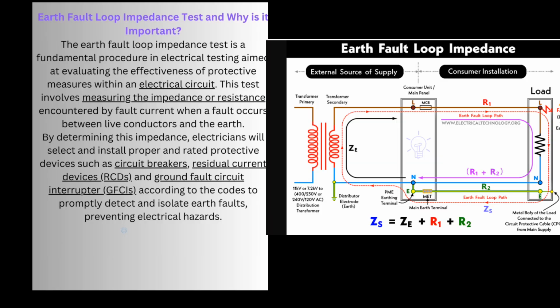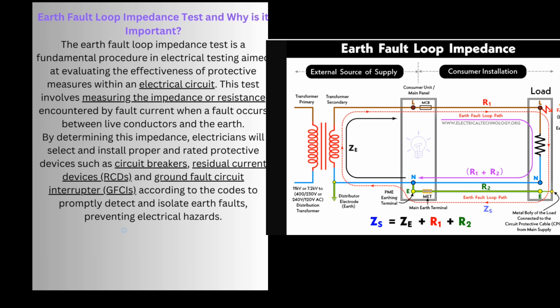The earth fault loop impedance test is a fundamental procedure in electrical testing aimed at evaluating the effectiveness of protective measures within an electrical circuit. This test involves measuring the impedance or resistance encountered by fault current when a fault occurs between live conductors and the earth.